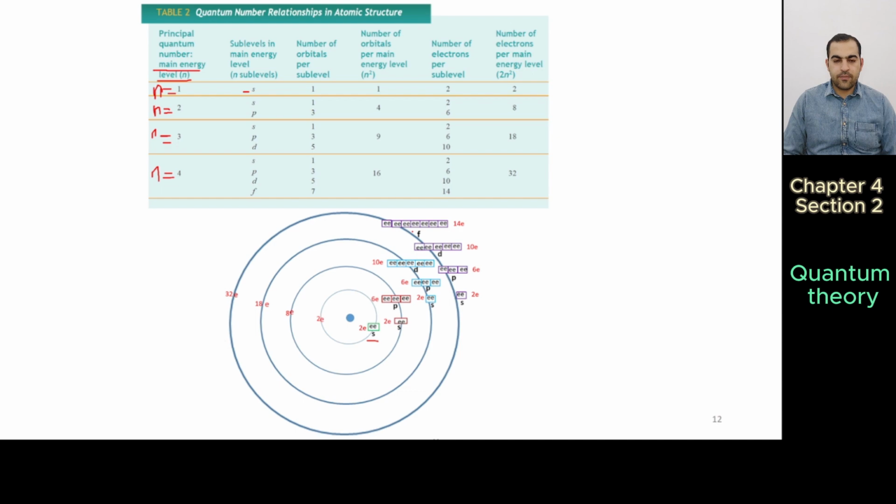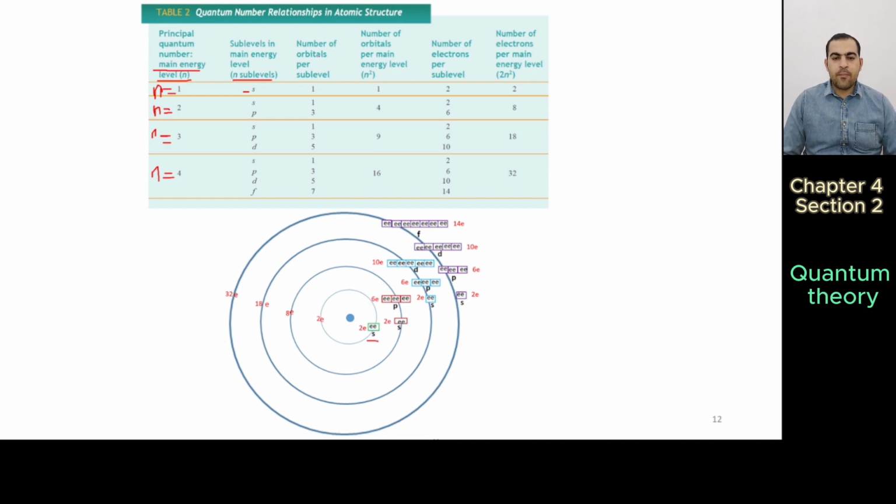So the number of sublevels equals n. What does that mean? When n equals 1, for the first energy level we have only 1 sublevel, which is S. When n equals 2, we have 2 sublevels. So the number of sublevels equals the number of n.